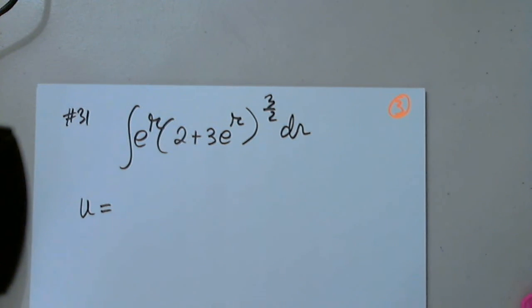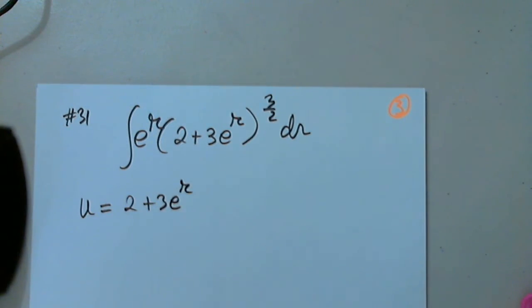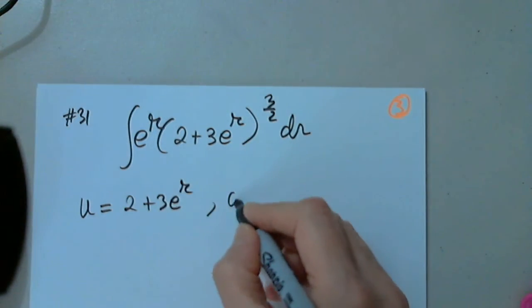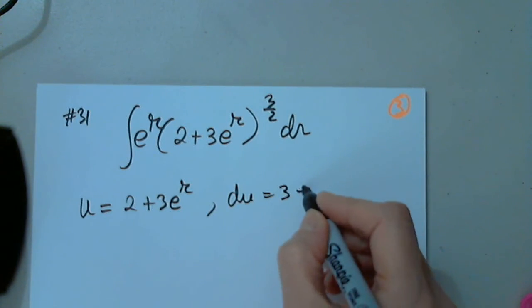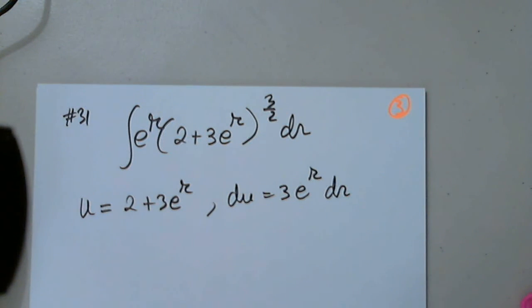I think u can be 2 plus 3 e to the r. Of course, because du equals 3e to r dr. So now, what are my pieces here?